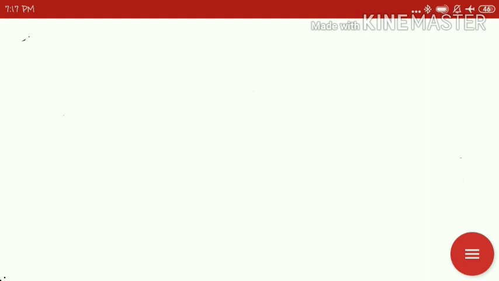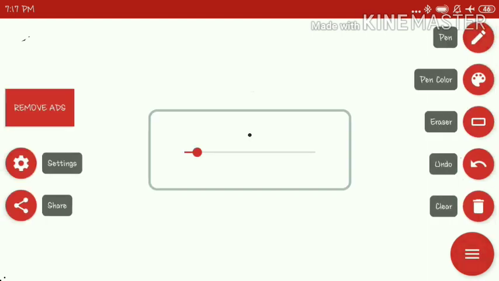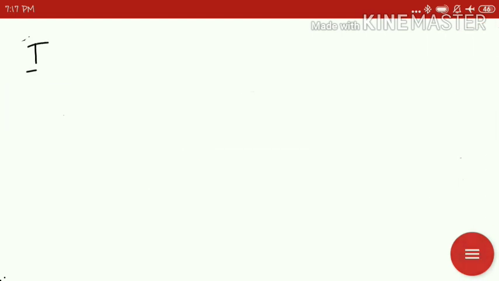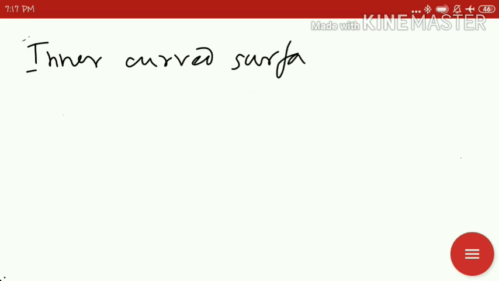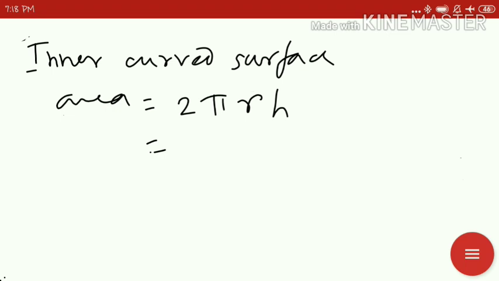For the inner curved surface area, we can put the formula 2 pi smaller r into h. You can symbolize r by small r, or you can just write r suffix inner. You can mention it that way too.